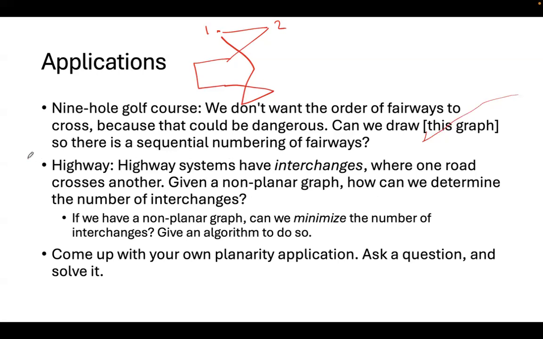And then there's the highway problem where, let's see an example. Let me pull up the map.